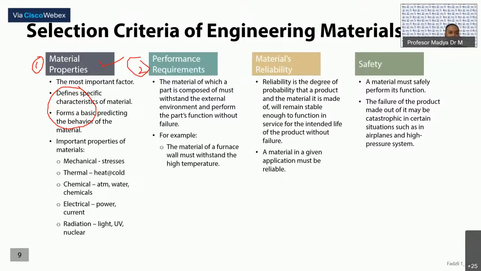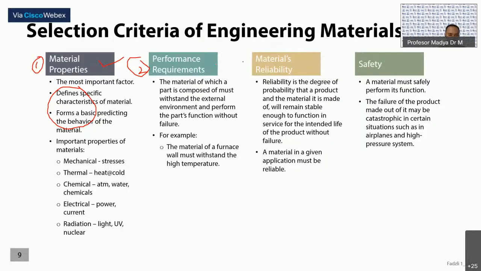The material of which a part is composed must withstand the external environment and perform the part function without failure. For example, the material of a furnace wall must withstand high temperature. This is an example of the performance requirement, in addition to the material properties.